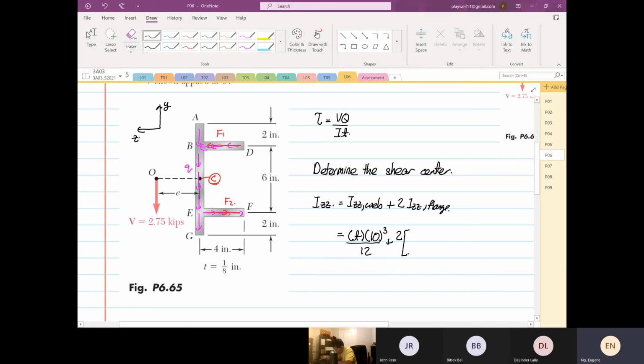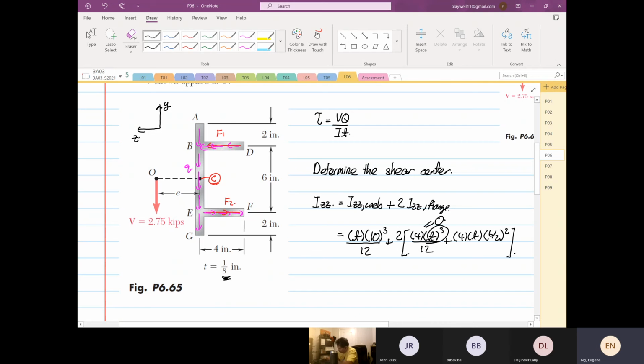So the width is equal to 4, T cube over 12 plus 4 multiplied by T multiplied by 6 divided by 2 squared. Okay. And we can drop this term to be equal to 0 because T cube is very small. It's 1/8, right?